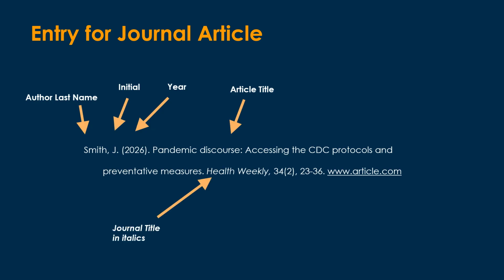The journal title goes next, and you will put that in italics, followed by a comma. Next comes the volume number, and that goes in italics. That is followed by the issue number, which isn't italicized, but does go in parentheses, again followed by a comma. The page numbers come next, separated with a dash and followed by a period. And finally, the hyperlinked URL will end the entry.